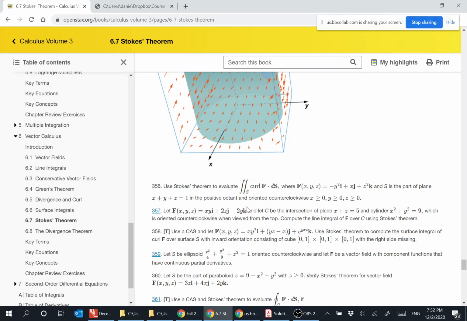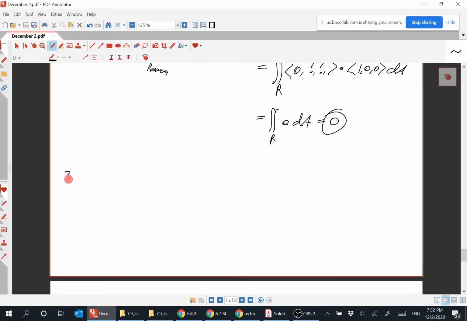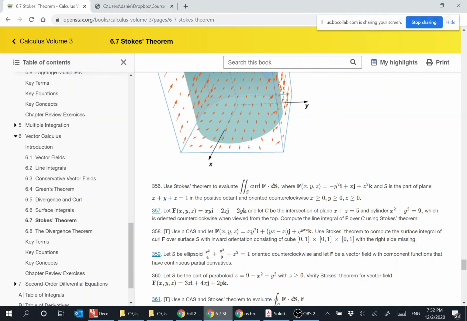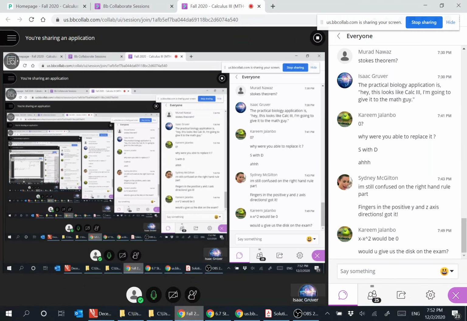So F is equal to (xy, 2z, 2y), like that, number 357.